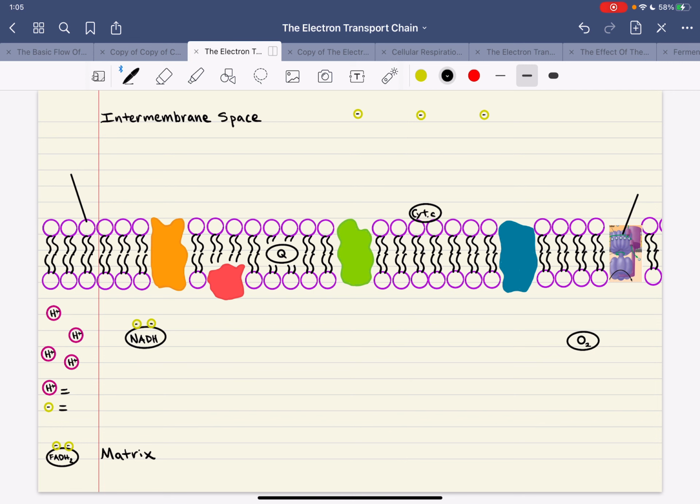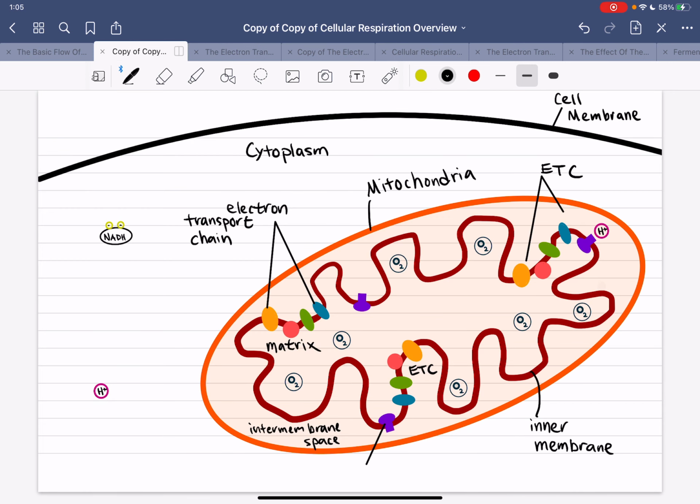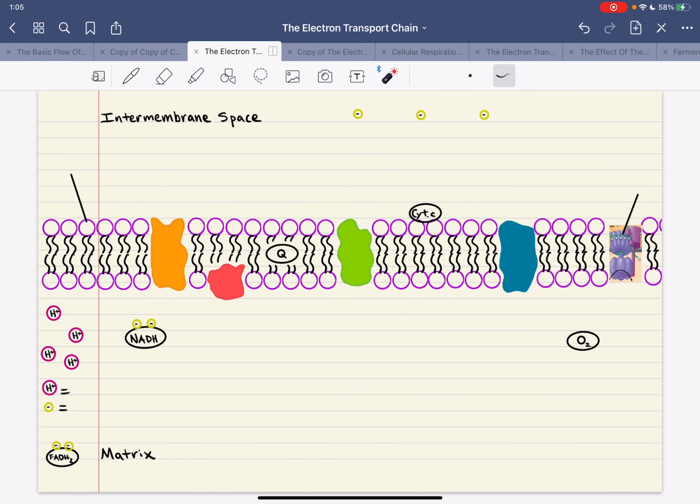So first off, I want to say, well, what are we looking at here? Well, if you imagine that we zoomed in along the inner membrane here in red, that's what we're looking at here. So this is that red membrane, okay? Just a more zoomed in view. So the first thing I want to do here is I want to label the major parts of this diagram, starting with the membrane itself.